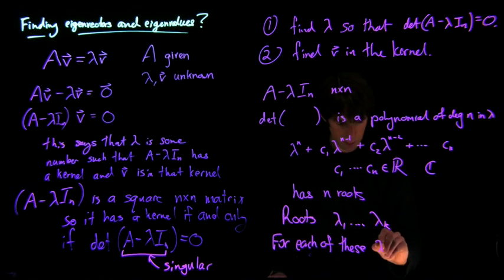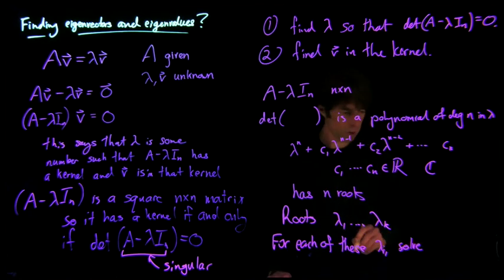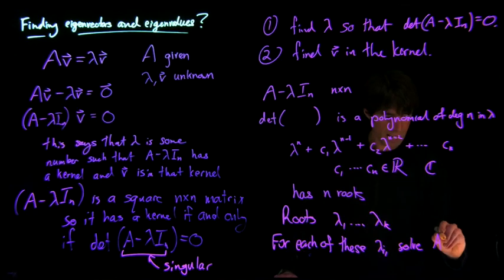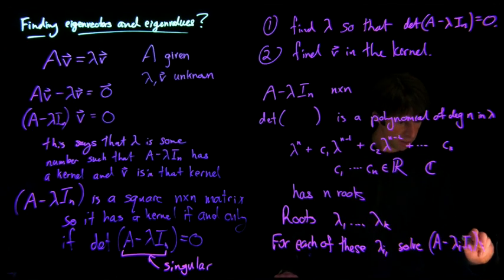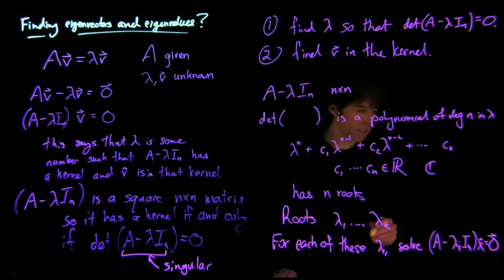And now for each of these, let's call it lambda i, we're going to solve the equation A minus that chosen critical value, this lambda i, times the n by n identity matrix, times some vector x equals the 0 vector.